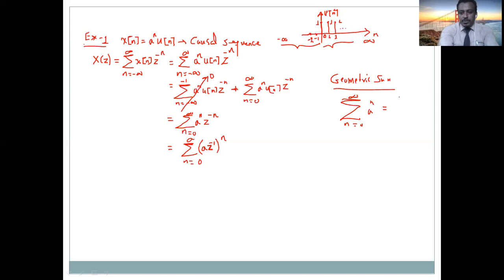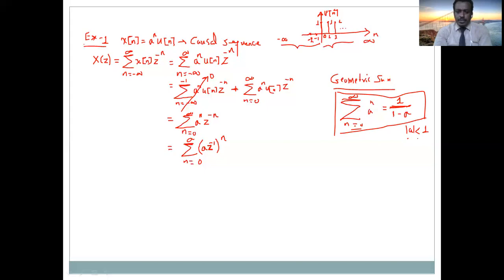What will be the summation from the geometric sum formula? 1 over 1 minus a, if and only if the absolute value of this constant a is less than 1. I think you remember this geometric sum formula, right? So this summation converges to 1 over 1 minus a if and only if the absolute value of a is less than 1. If it is greater than 1, this summation will diverge.